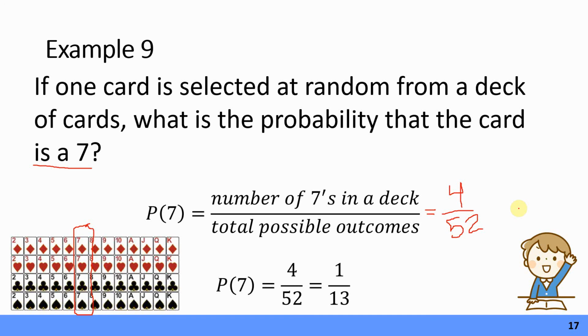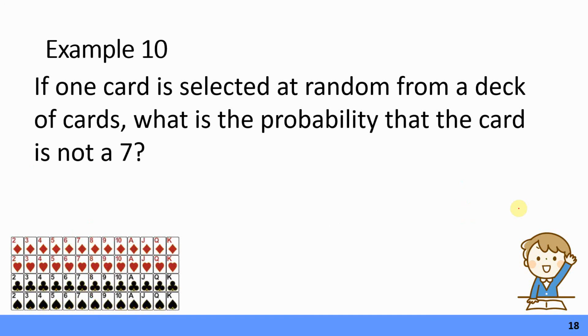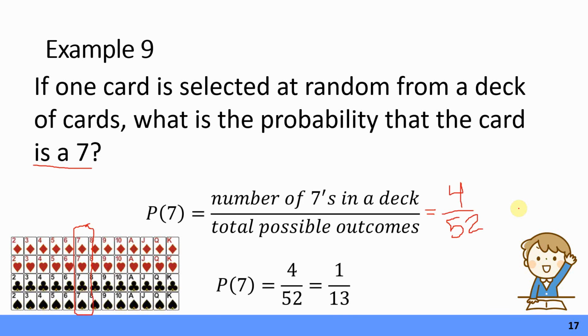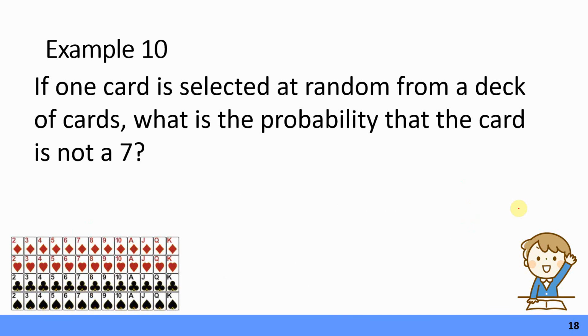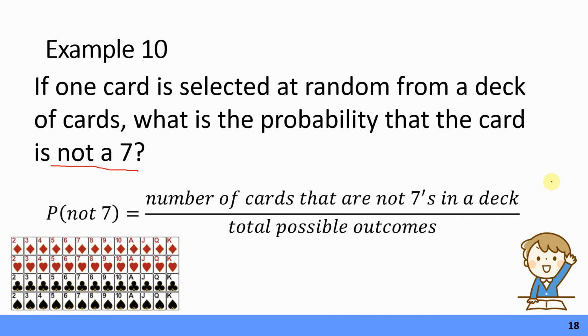All right, just to make sure this made sense, let's go ahead and try one more here. In the same deck of cards, what is the probability that you select a card that is not a 7? So what in the world, right? The last question asked us, what's the probability that it is a 7? Now, what's the probability that it's not a 7? Same procedure. My denominator is still 52 because there's still a total of 52 cards.